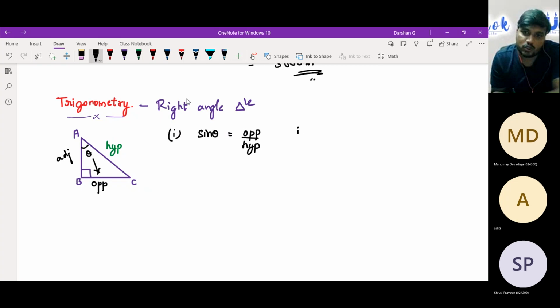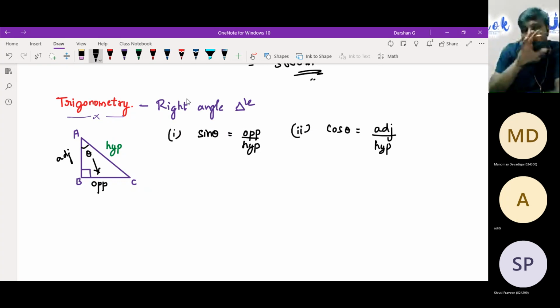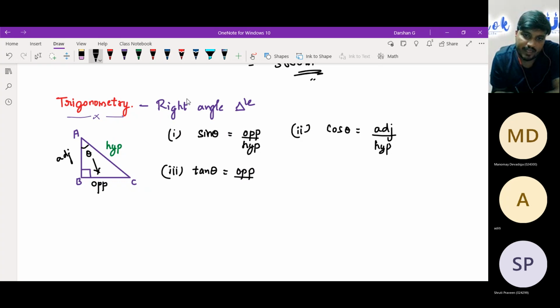The second one is cosine theta, we call it cos theta, which is the ratio of adjacent divided by hypotenuse. Look at the sides, look at this triangle as well. Third one is tan theta, which equals opposite divided by adjacent, and this can also be equated to sine theta divided by cos theta.